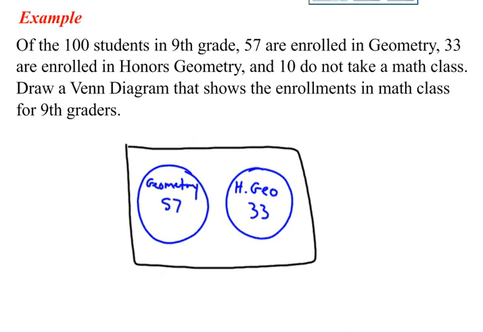And we know that you cannot take both courses at the same time, so these are mutually exclusive events, so the circles do not overlap. Now, if you're not in the geometry circle, and you're not in the honors geometry circle, you are one of the 10 students that does not take math. I'm just going to put a little 10 out here in the corner to represent them.